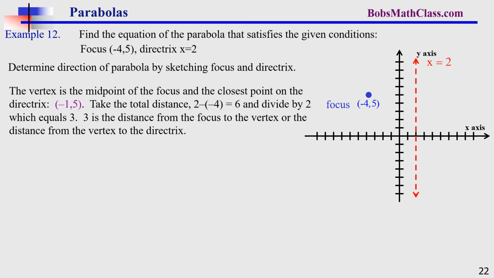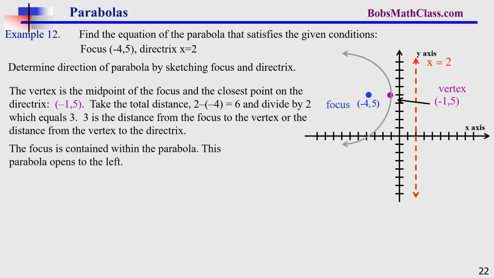So we're going to count 3 units to the right from the focus, or 3 units to the left from the directrix. So there's our vertex, (negative 1, 5), and we know it opens to the left.